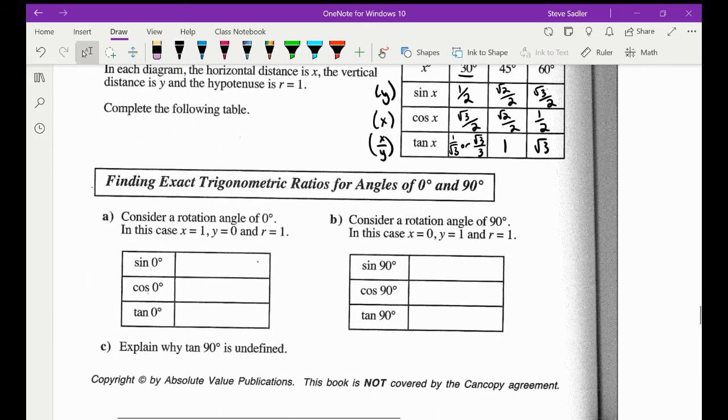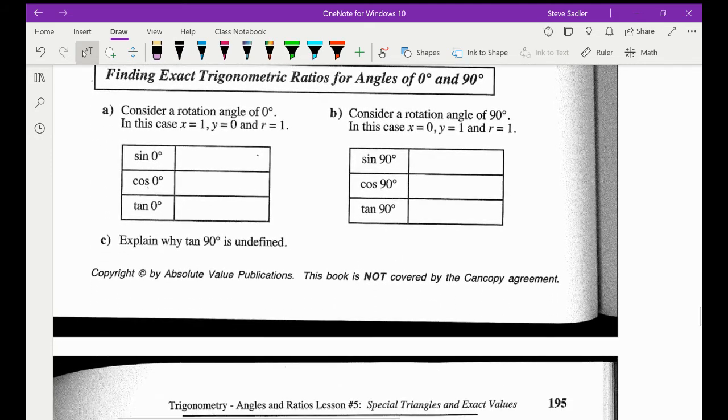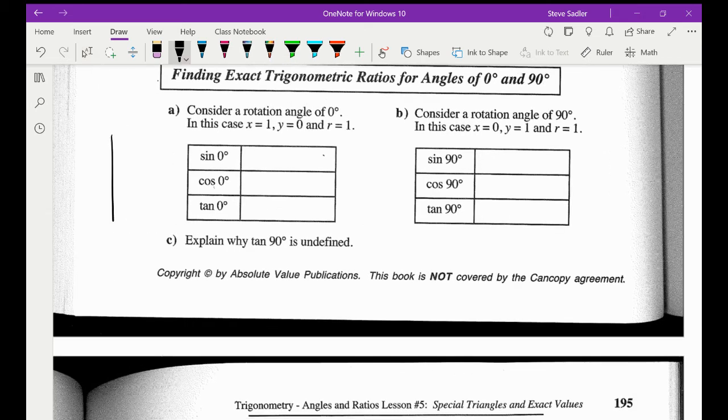So finding the exact trigonometric ratios for angles 0 to 90. So consider a rotation angle of 0 degrees. In this case, x is 1, y is 0, r is 1. So if we're looking at this, this value is 1 and our y value is 0, right?